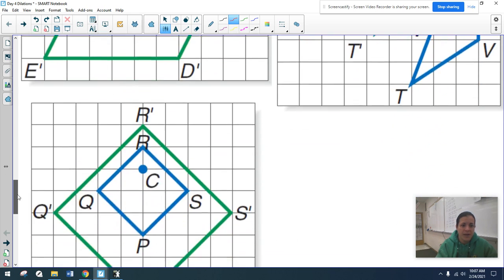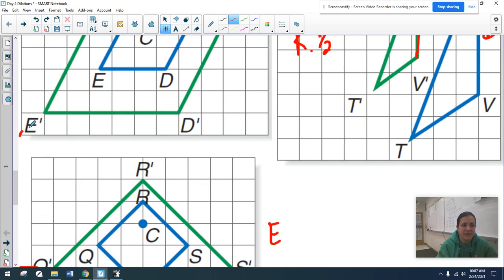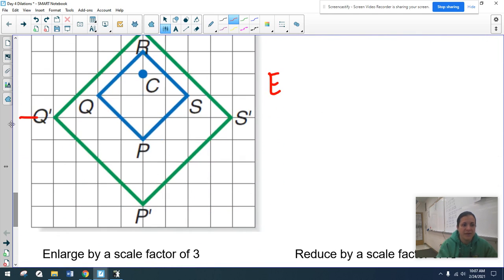Okay, and finally, this one down here. So my prime picture is bigger, which makes it an enlargement. And for this one, unfortunately, you do not have any vertical or horizontal lines. So you would actually have to do the coordinates. So I'll make this the x-axis because I didn't do that, and we'll make this the y-axis. In that case, I've got 1, this is 0, -1.